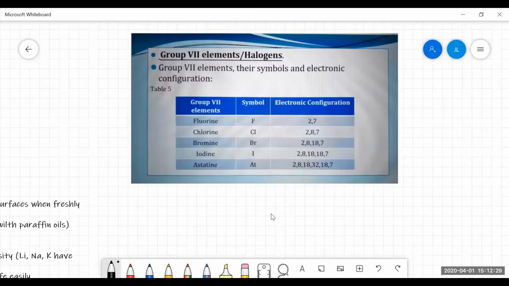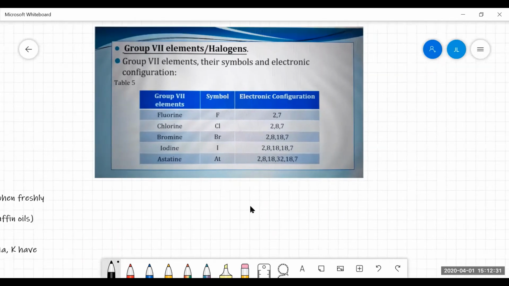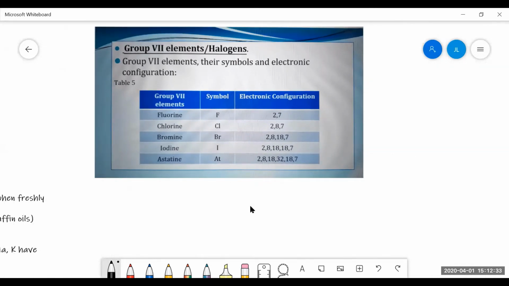Halogen. This is their name, their symbol, and their electronic configuration. Notice the difference. Let's say we take period 5.